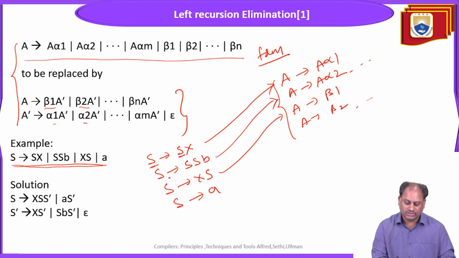So that is why A derives A alpha 1. Suppose in this case A derives A alpha 1, this is A alpha 2, and A derives beta 1, and here beta 1 is this one, as A derives beta 2.